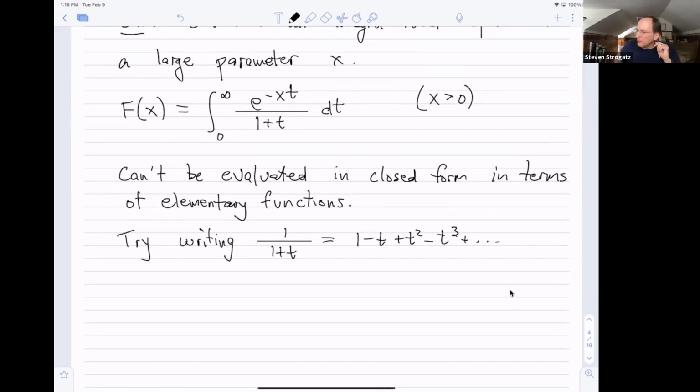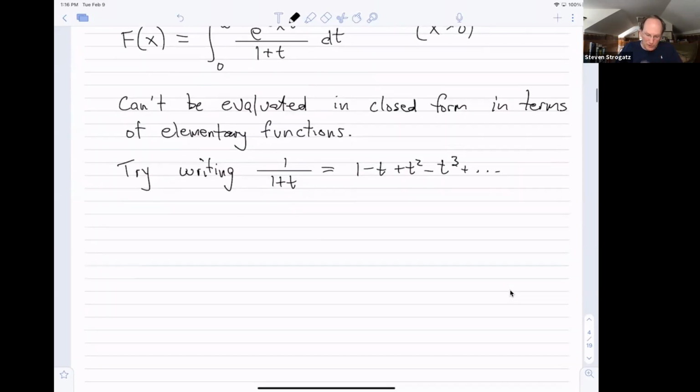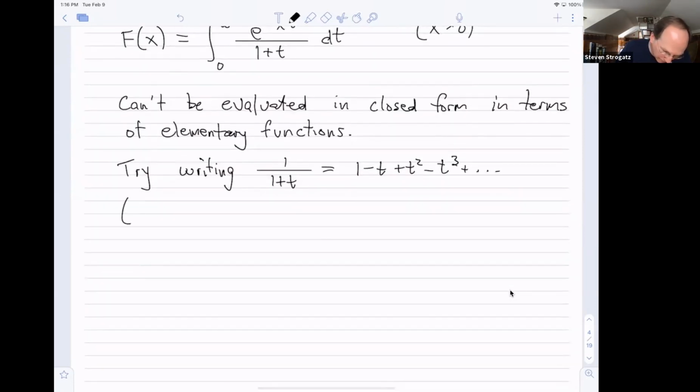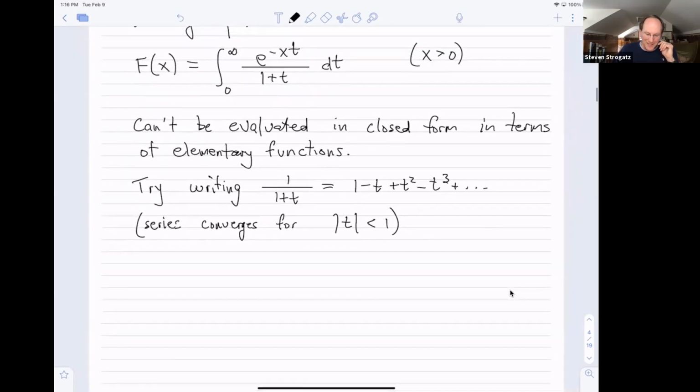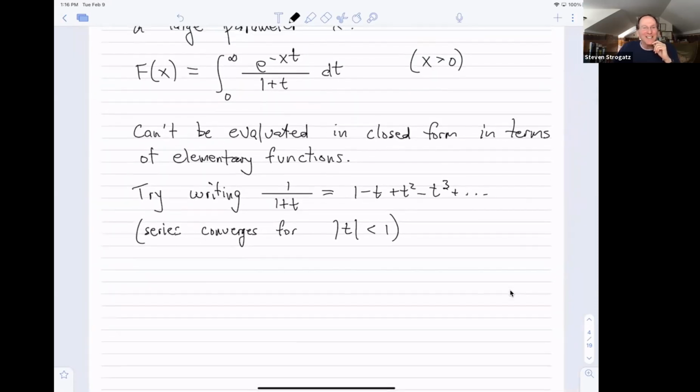Now, keep in mind, this series only converges for small t. Specifically, it converges if t in absolute value is less than 1. But let's ignore that temporarily.